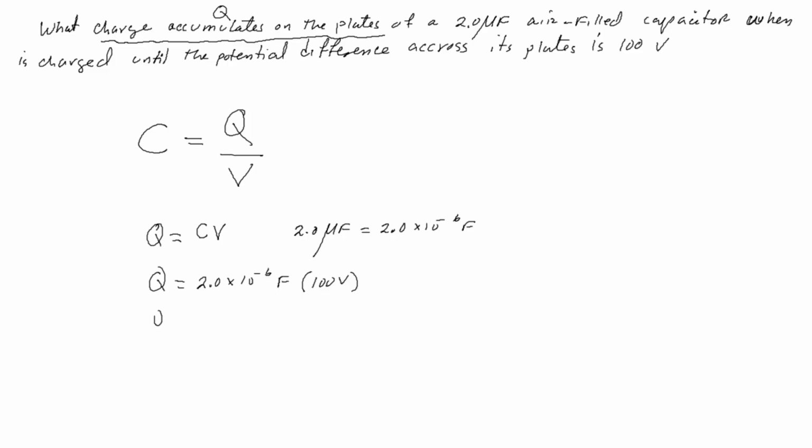So Q, the charge, would be 200 times 10 to the negative 6 coulombs, and 10 to the negative 6 coulomb is 1 microcoulomb. So this is 200 microcoulombs. So your answer, what amount of charge will be accumulated there? 200 microcoulombs.